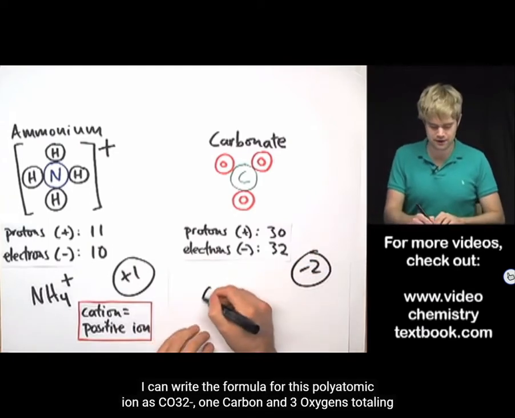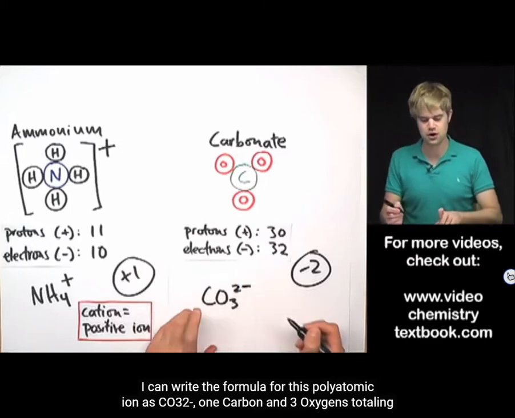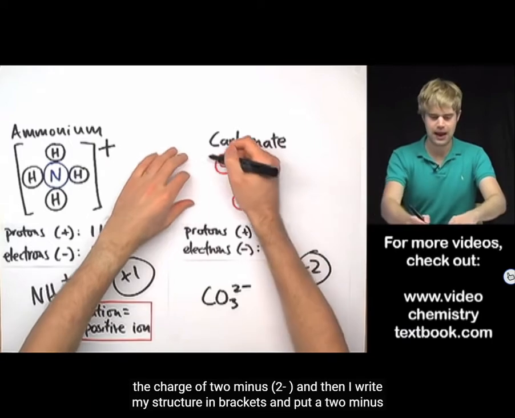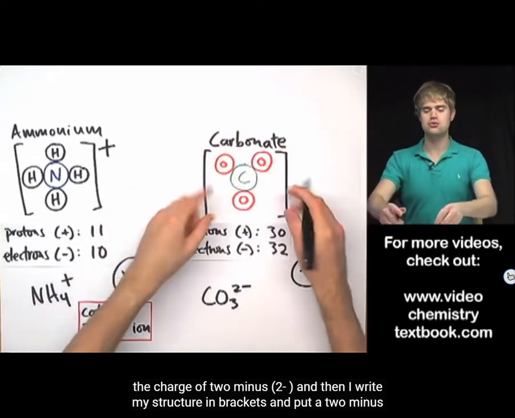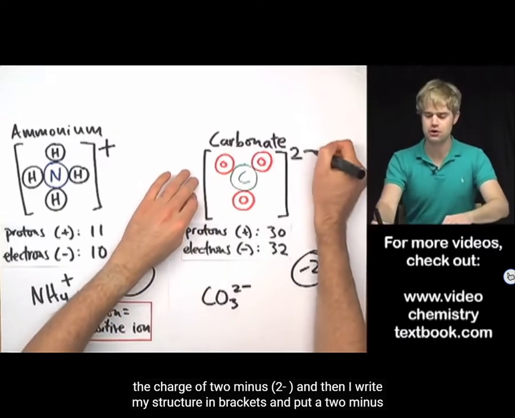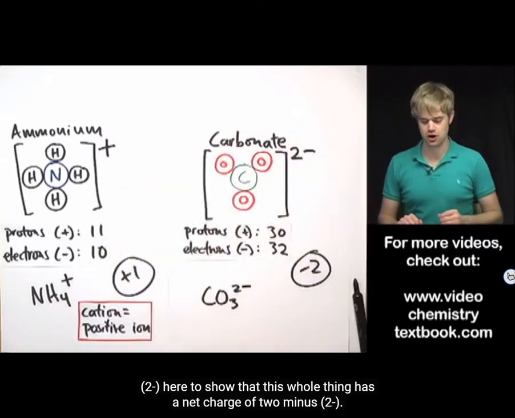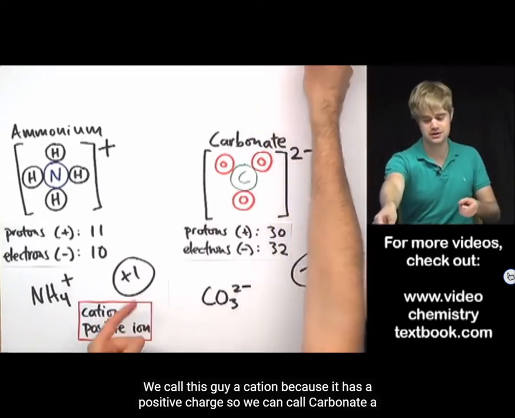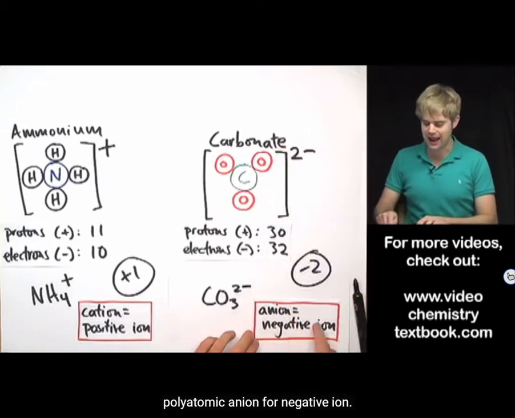I can write the formula for this polyatomic ion as CO3 2-, 1 carbon, 3 oxygens, total net charge of 2-. And then I write my structure in brackets and put a 2- here to show that this whole thing has a net charge of 2-.